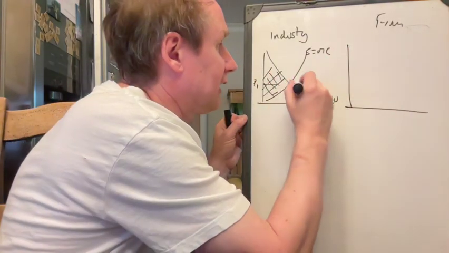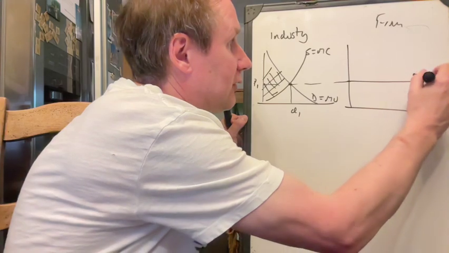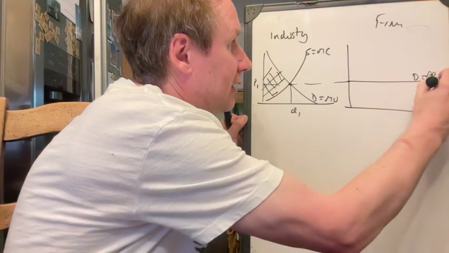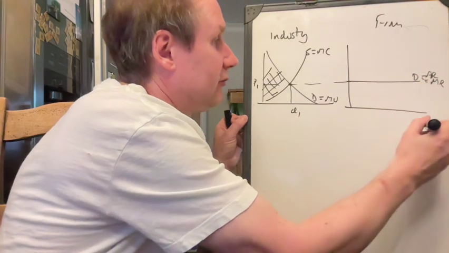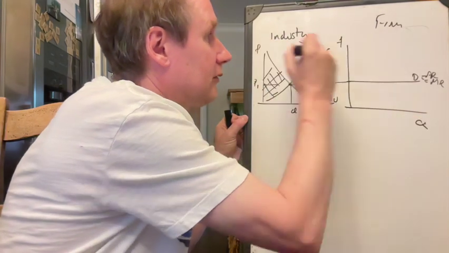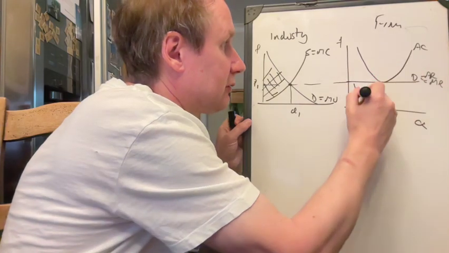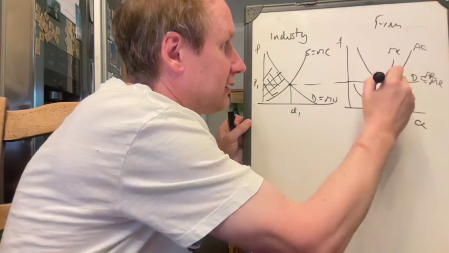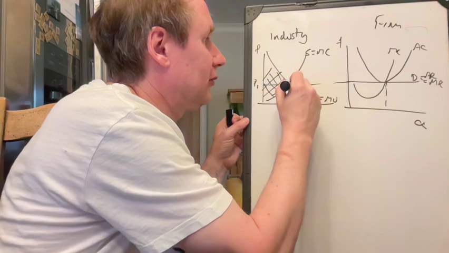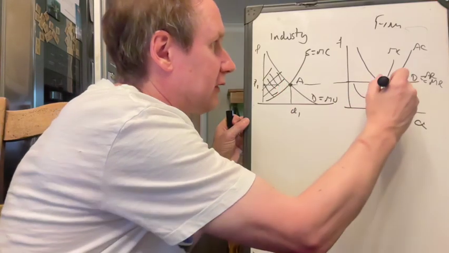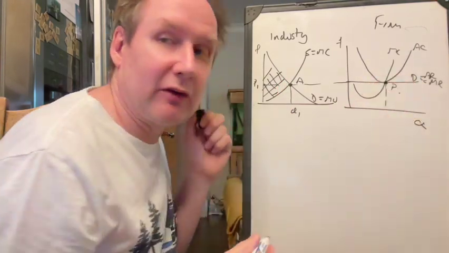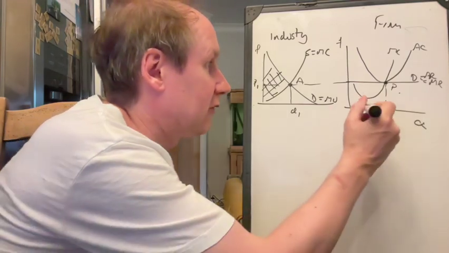For the firm, as we said, there's D equals AR equals MR. In a long run equilibrium, it can make only normal profit for the reasons that we've outlined many times already. Therefore, point A is allocative efficiency, and there on the firm diagram, point P is productive efficiency.